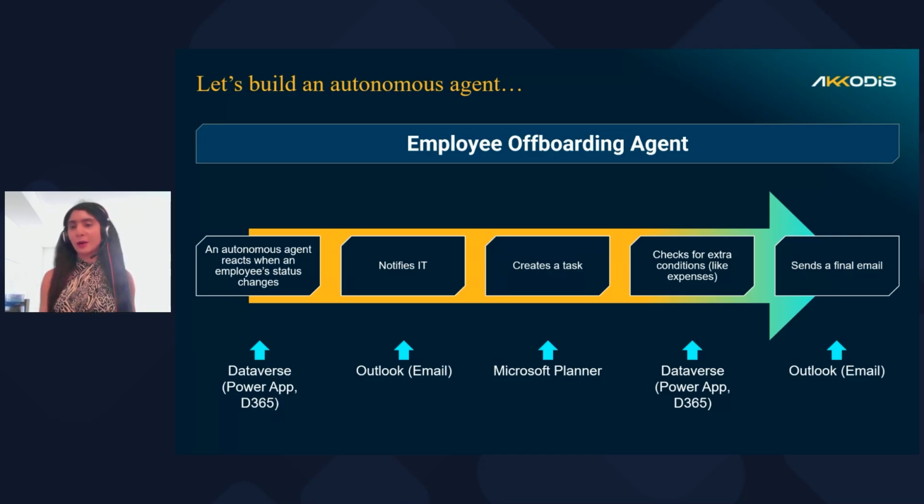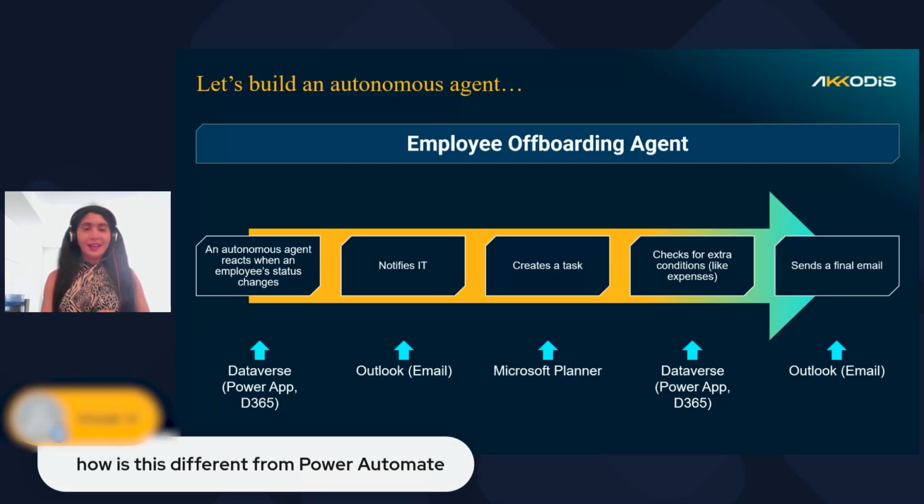Now, I am seeing some questions here in the chat. How is this different from Power Automate? Good one, and that is actually one of the most common questions when it comes to autonomous agents. When I show this to you, you're going to see that an autonomous agent doesn't necessarily have a defined answer or path for everything. It adapts, it uses its knowledge and what it can find to sometimes change the course of what it needs to do.